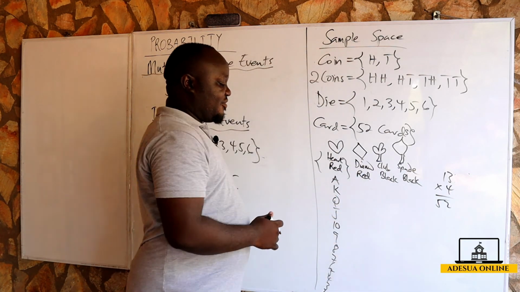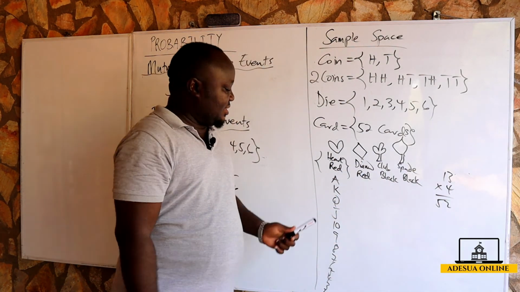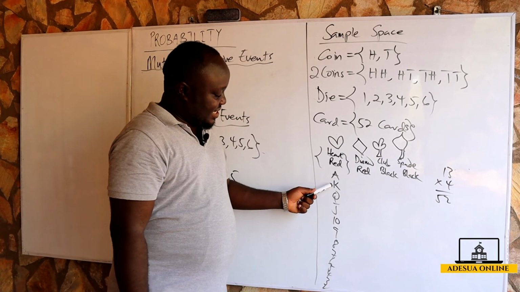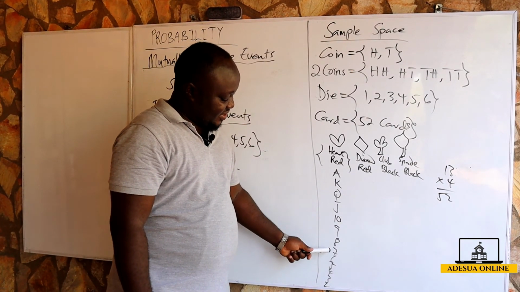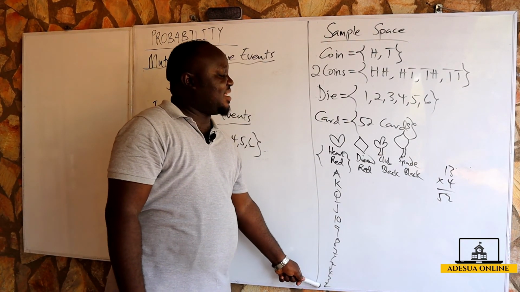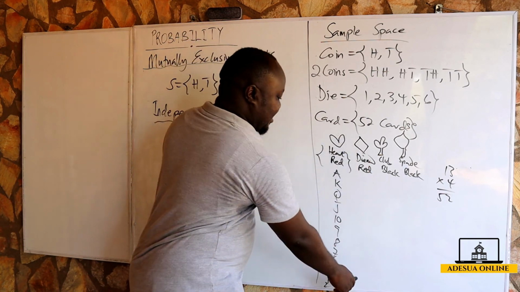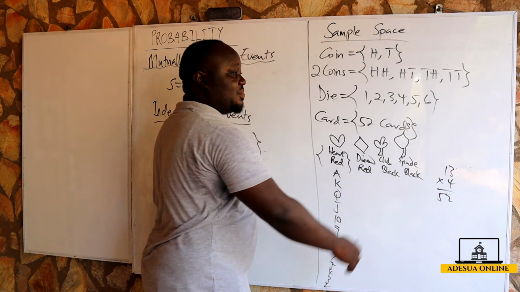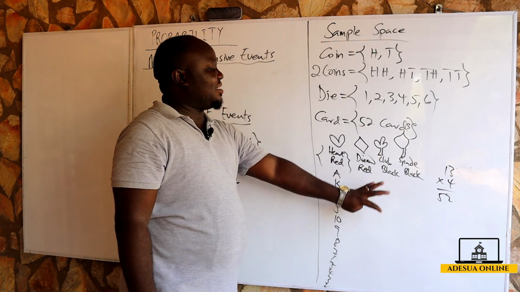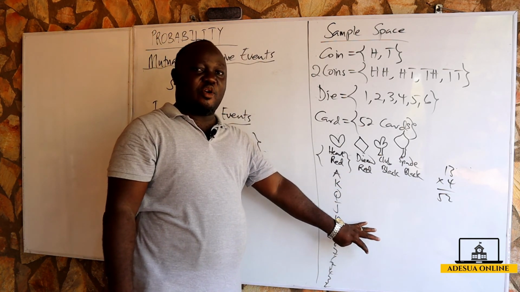So in a standard deck of cards, we have 52 cards with the ace, the king, queen, jack, 10, 9, 8, 7, 6, 5, 4, 3, 2. It ends at 2. The same thing happens for each suit, so when you multiply by 4, you get 52. So this is our sample space for a standard deck of cards.